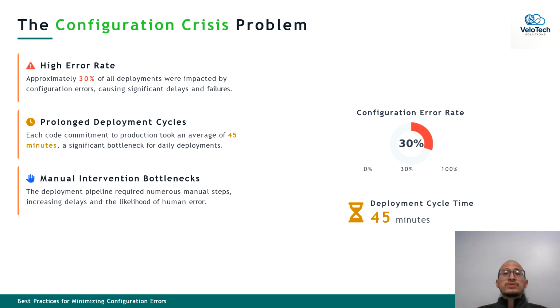Manual steps don't just slow things down, they increase the likelihood of human error exponentially. When humans are copying configuration values, updating settings manually, or making decisions about what should be deployed where, mistakes are inevitable. This combination of high error rates, slow cycles, and manual processes create a perfect storm of deployment dysfunction.